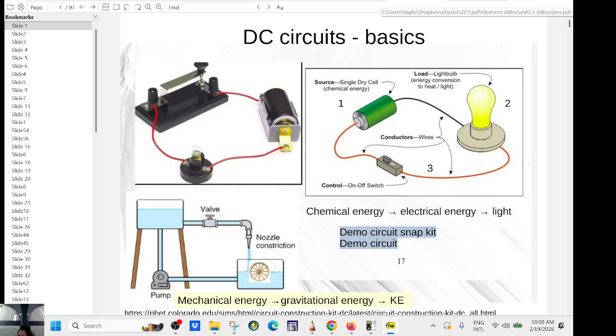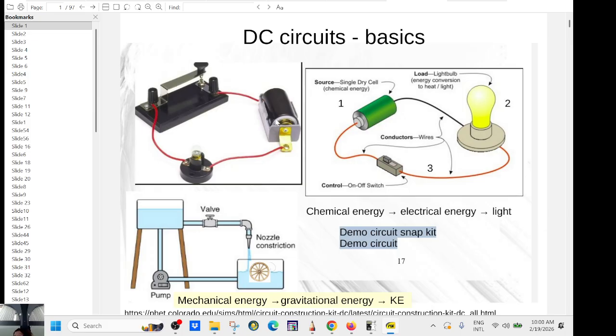We were talking about DC circuits, just the fundamentals, and I think it's an easy unit. So in a basic circuit, you're going to have a power supply. The power supply will give you the voltage. The voltage is energy per coulomb.